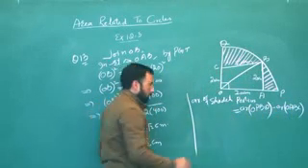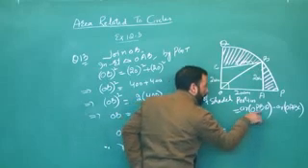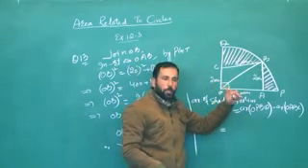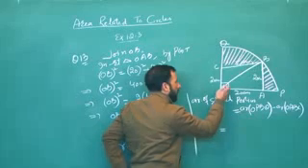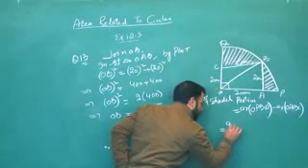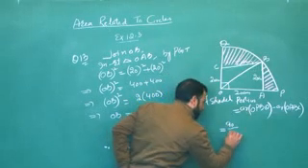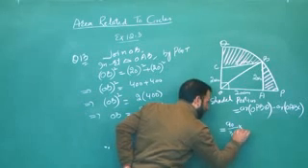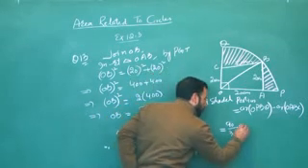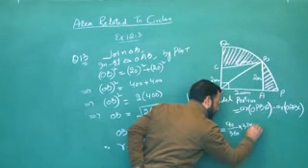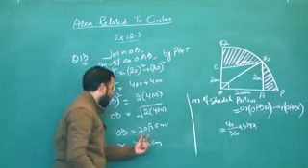It is a square. So it implies the area of a quadrant OPBQ is equal to theta divided by 360. What is theta here? 90 divided by 360 into pi. Here we have to use pi, 3.14, into r square. What is r here?